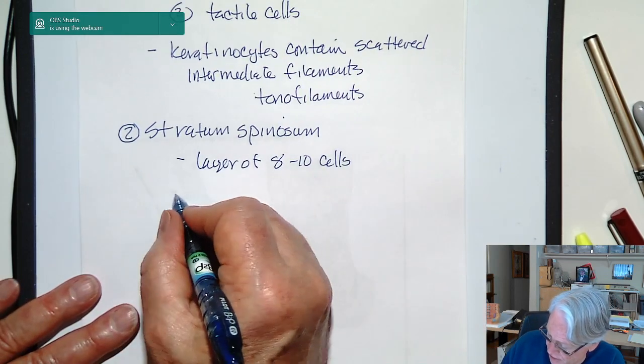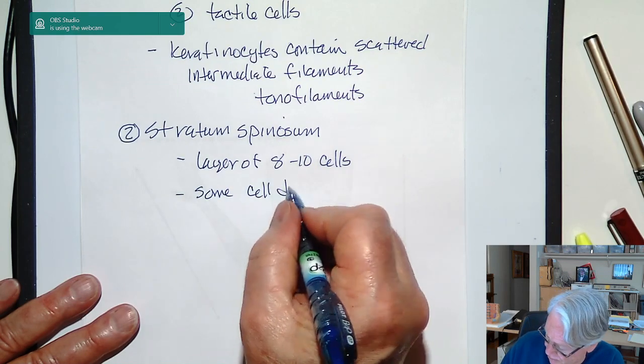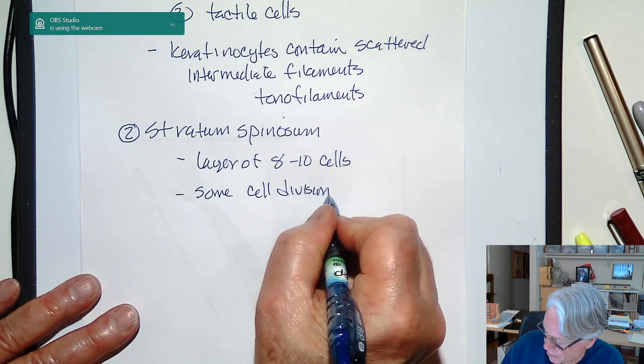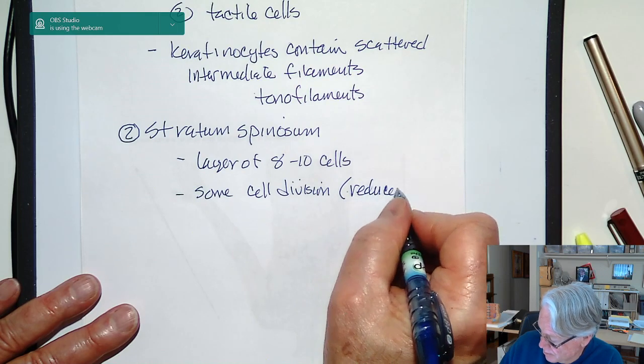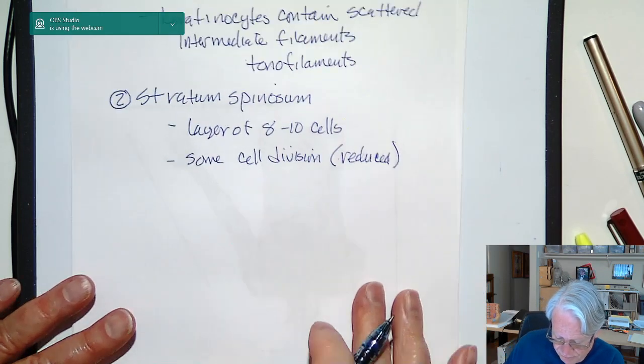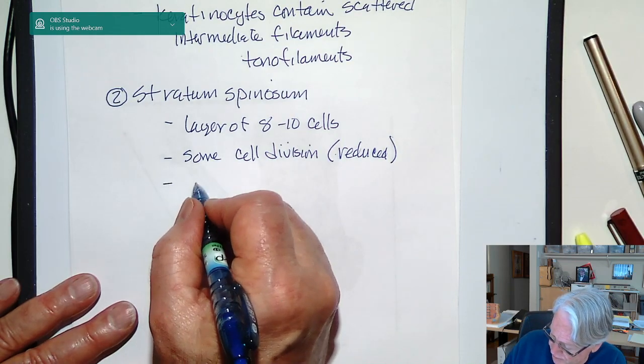Okay. There is, as I mentioned, some cell division. It's reduced. Okay. The shape of the cell is polyhedral.